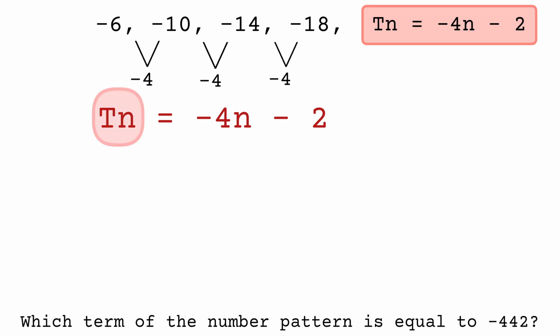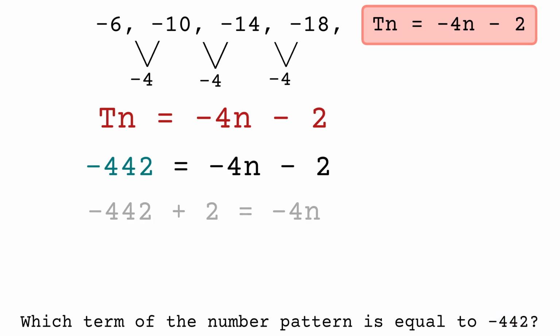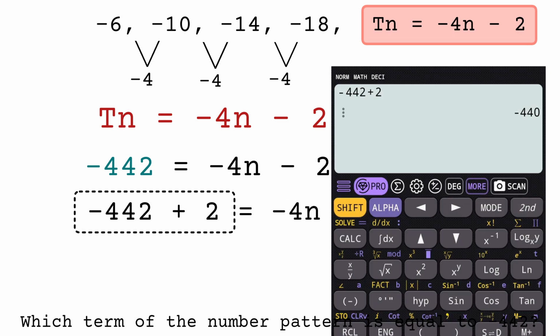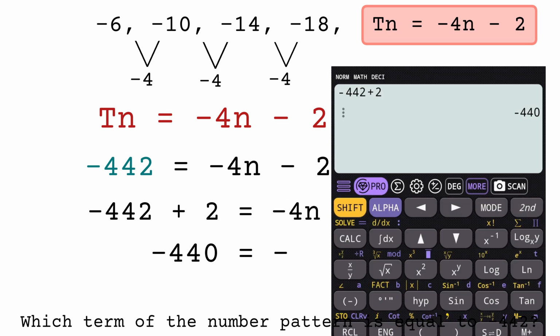Instead of Tn, we are now going to have -442. We are looking for the value of n, so we write n as it is. Then we group the like terms by taking 2 to the other side of the equal sign. This will give us -440.